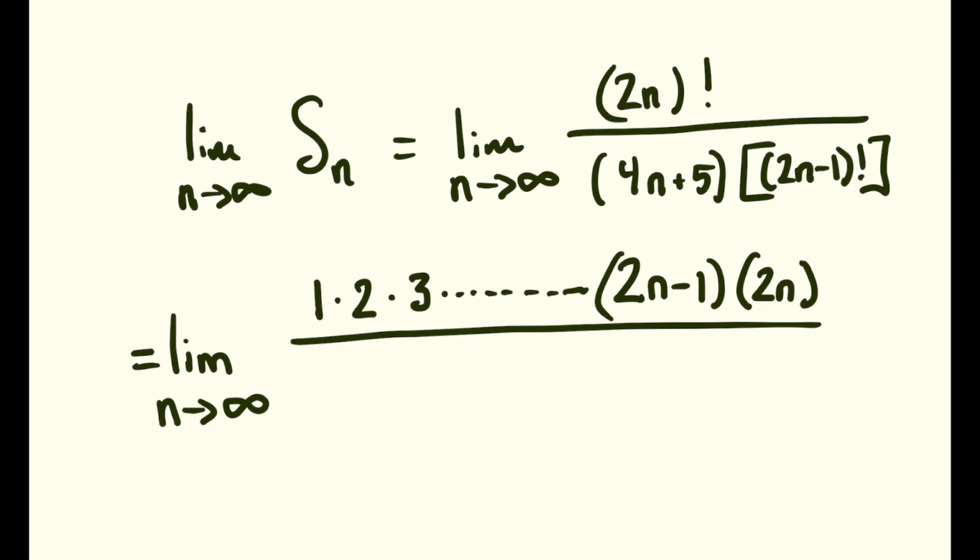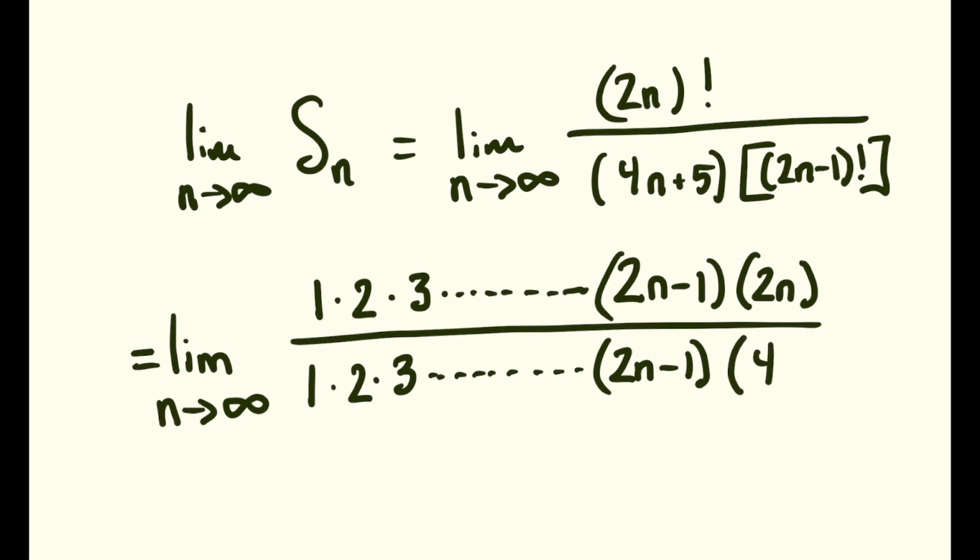So next up, we're going to take this 2n minus 1 factorial and expand that. The reason why is we want to notice how it lines up. It really helps us to do that. And then we have a 4n plus 5 that we are also multiplying by. All right, now that it's all lined up the way that we have it set up, we know that things are going to cancel.